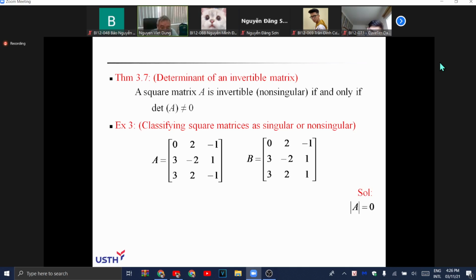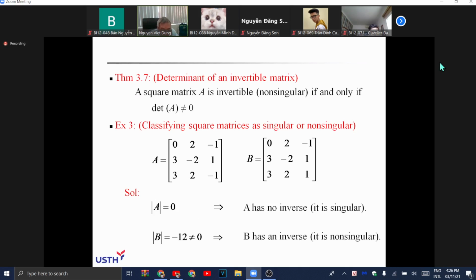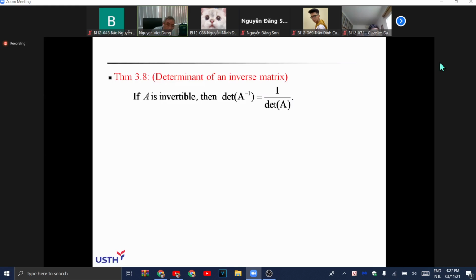Here we can try to compute the determinants. Because the determinant of A is 0, A is singular, or A does not have an inverse, and the determinant of B equals minus 12. It is non-zero, which means that B has an inverse, or B is a non-singular matrix.